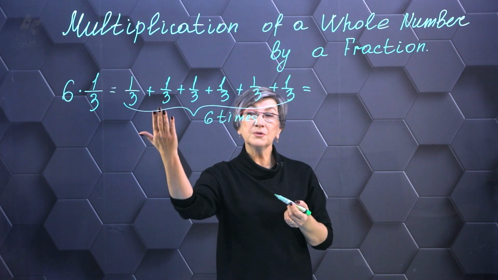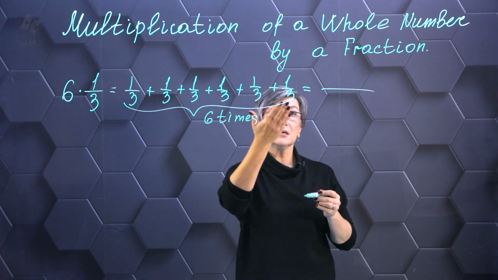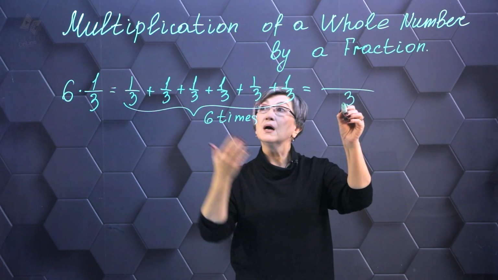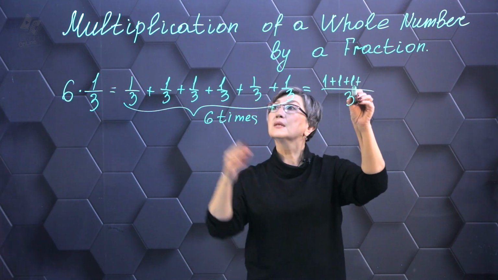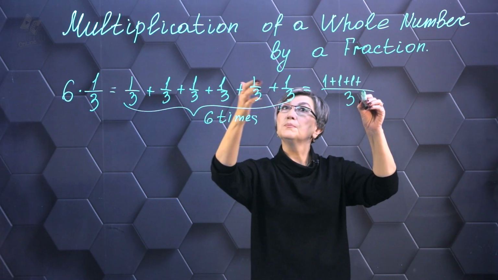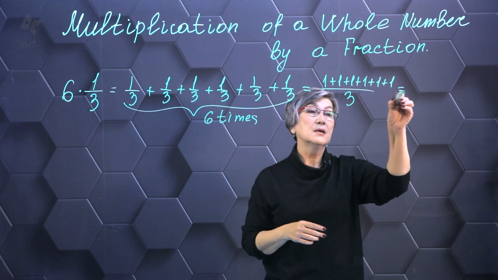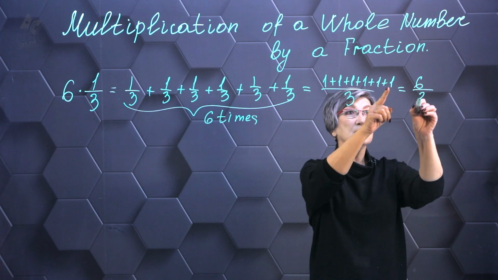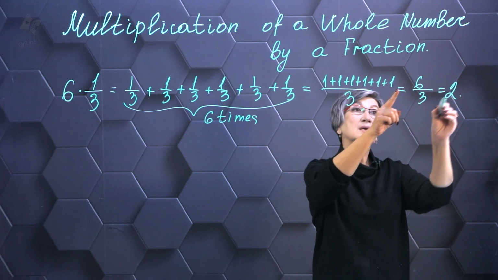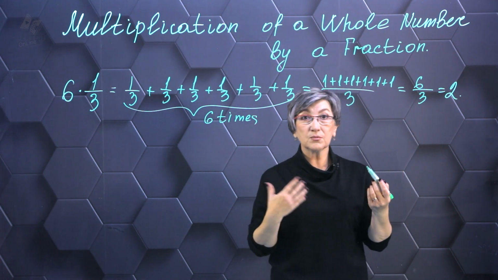The denominator is 3 everywhere. I write 3 and I add the numerators. So 1, 2, 3, 4, 5, 6, and I end up with 6 divided by 3. And 6 divided by 3 is 2. So I reduce 6/3, that's a 2.